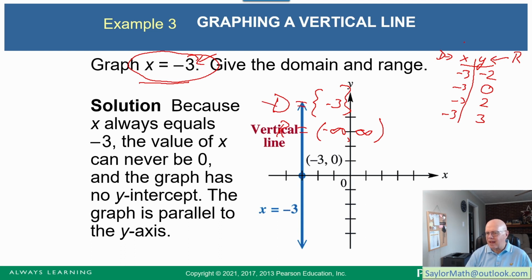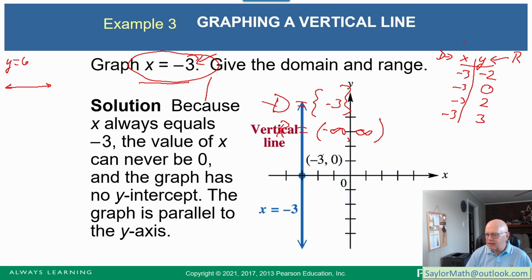Now, because this is x equals, remember y equals 6, for example, gave us a horizontal line. X equals -3 will give us a vertical line. So you want to keep those straight. If it's y equals, it's going to be horizontal. If it's x equals, it's going to be a vertical line.